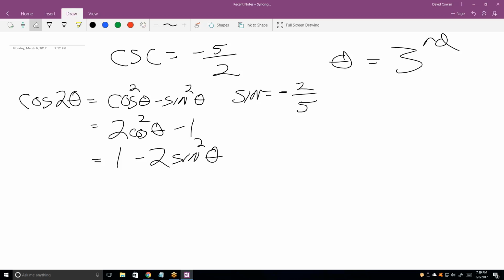In other words, it's 2 cosine squared minus 1, or it's 1 minus 2 sine squared. There's a similarity between those 2 that make it easier to memorize. And you know the top one, it can't be cosine squared plus sine squared because that's the number 1. And we know subtraction's going on, so the first one is fairly easy to memorize also.